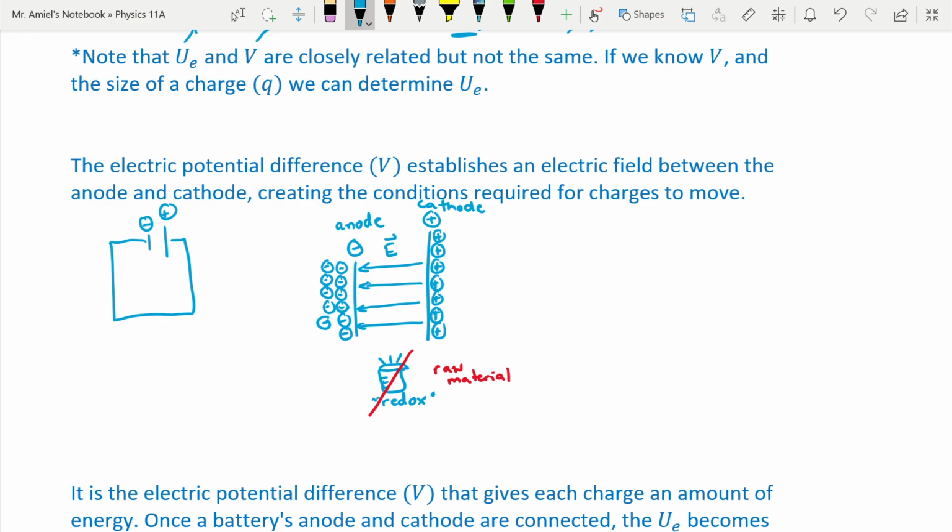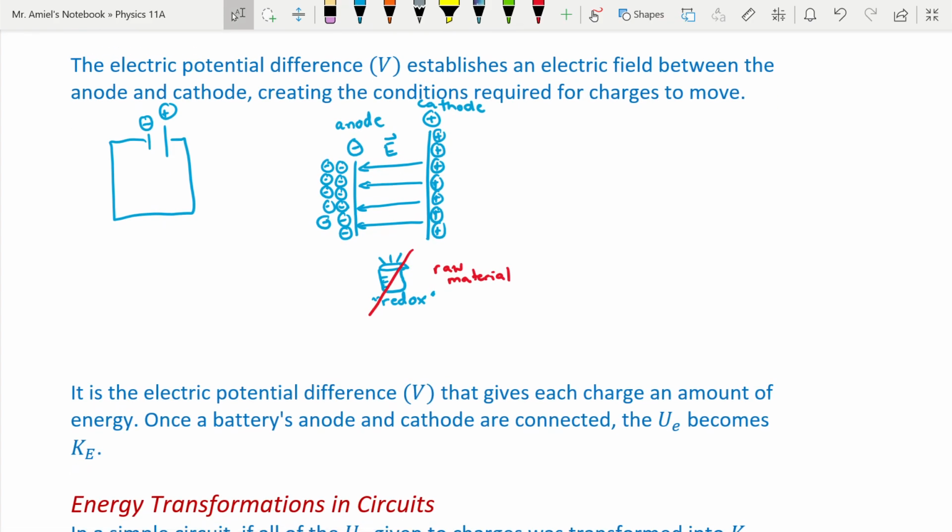Well, if you now place this battery into a circuit, before it was in the circuit, it just had the potential for these things to move. You place it in the circuit, you now give it the ability to move those charges around.